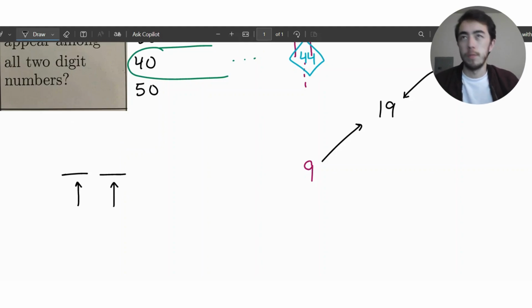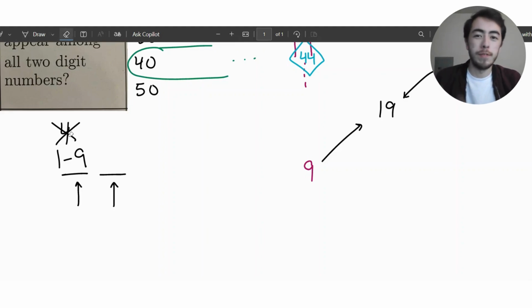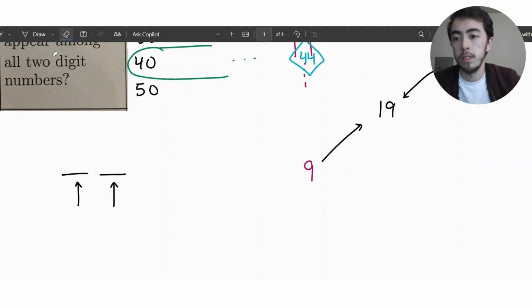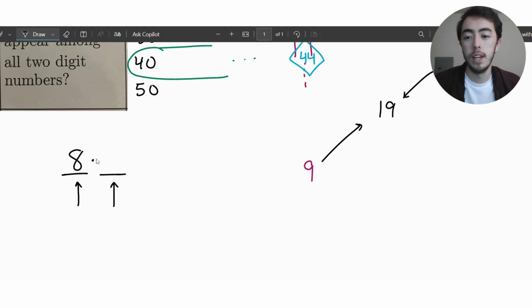Well, for it to be a 2-digit number, it needs to be 1 through 9, but then I really don't want to have a 4. So for my first digit, it could be any number 1 through 9, but not 4, and that gives me 8 options.